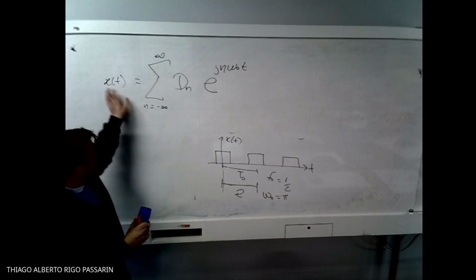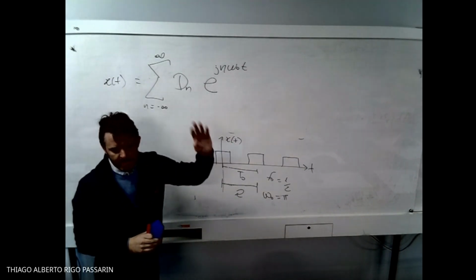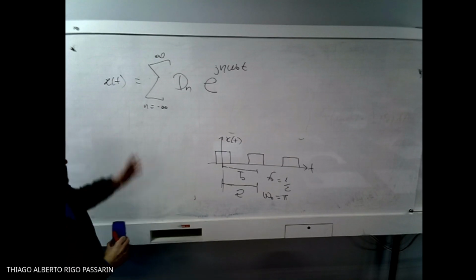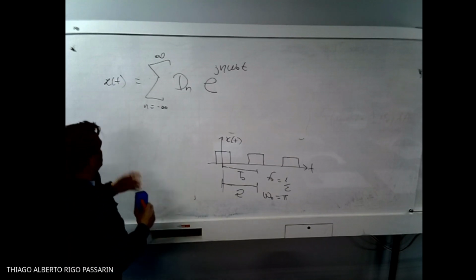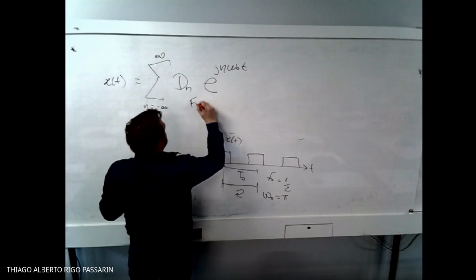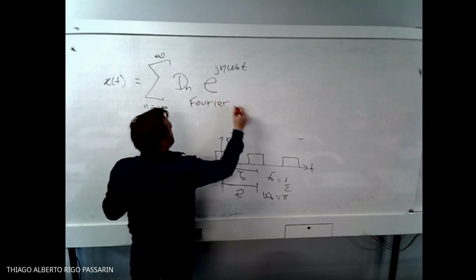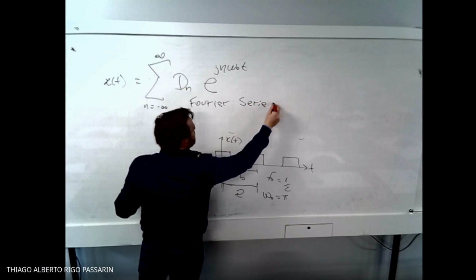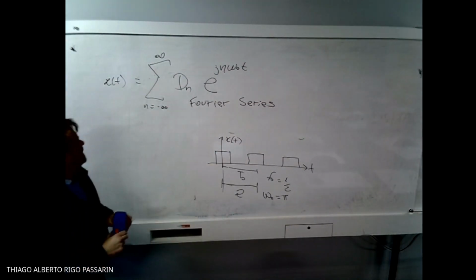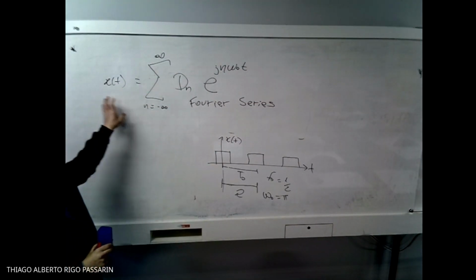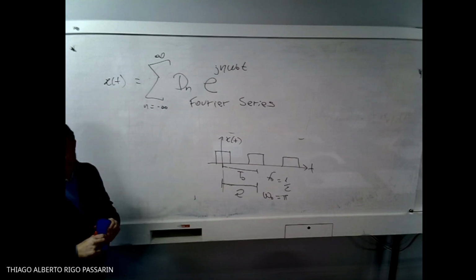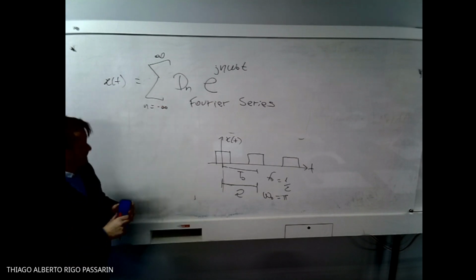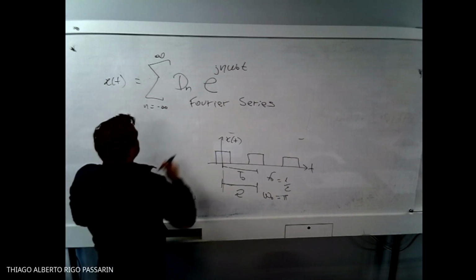This will work for the first period and for any period. So this is what we call a Fourier series. This is a Fourier series decomposition, or a Fourier series representation of a periodic signal x of t. Now, how to find the values for dn?